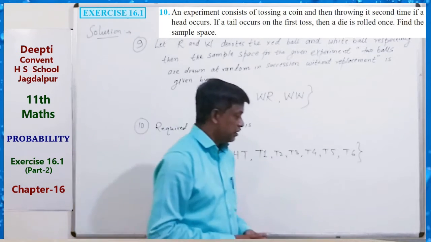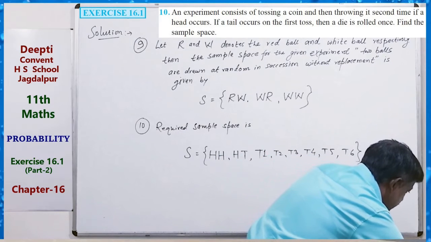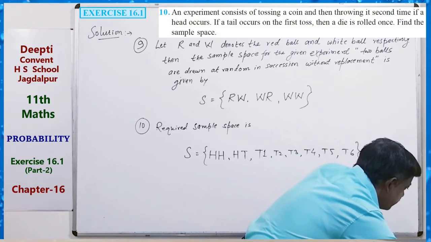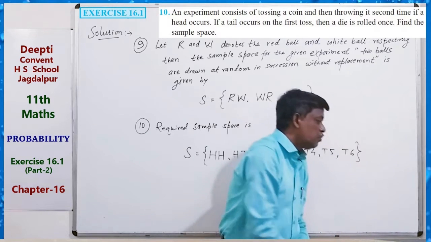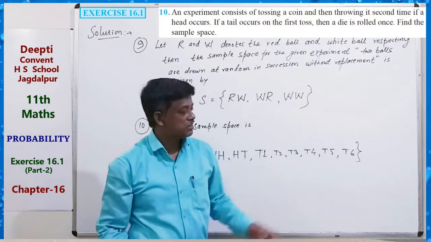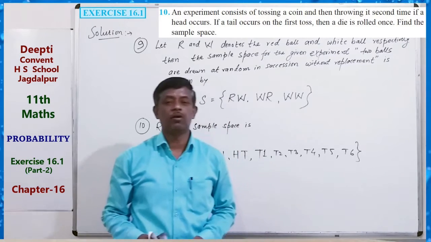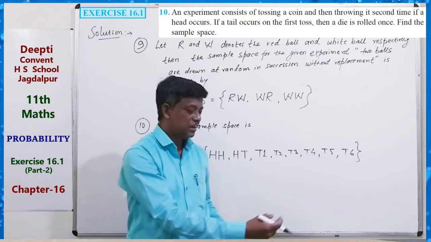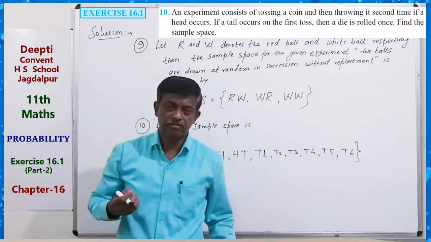Question 11. Suppose 3 bulbs are selected at random from a lot. There are a lot of bulbs, and we are selecting 3 bulbs at random.